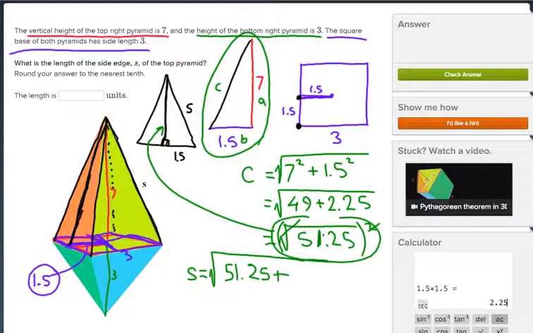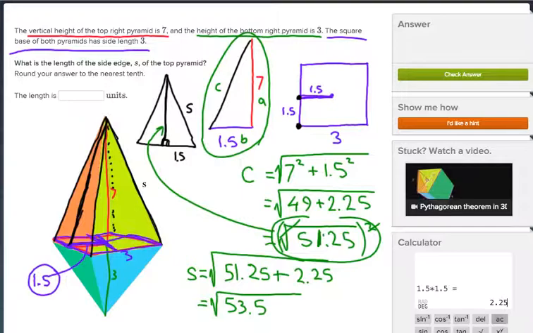And 1.5 squared we learned was 2.25. Okay, so that is the square root of 53.5. Okay, so S is equal to the square root of 53.5.